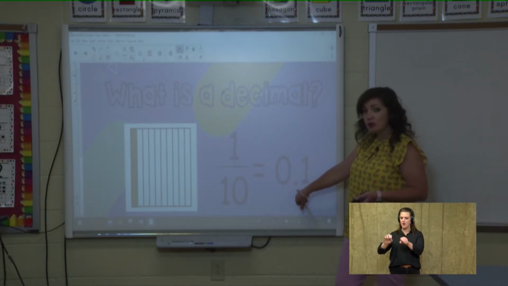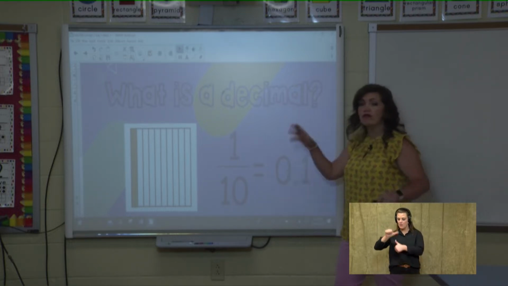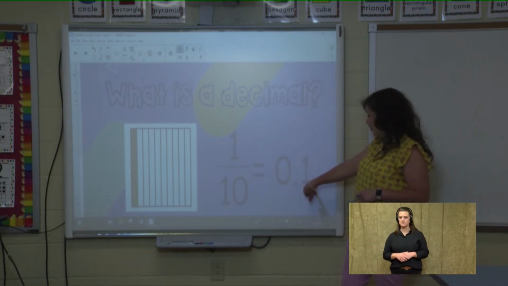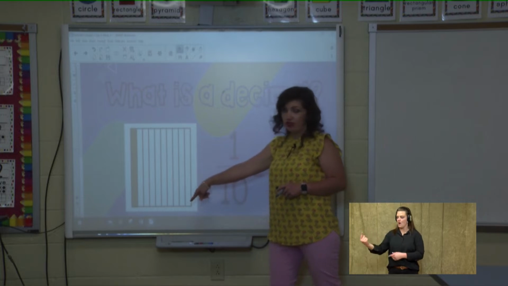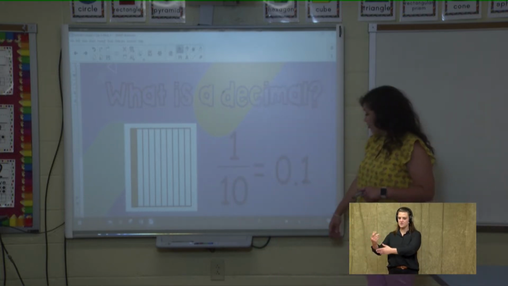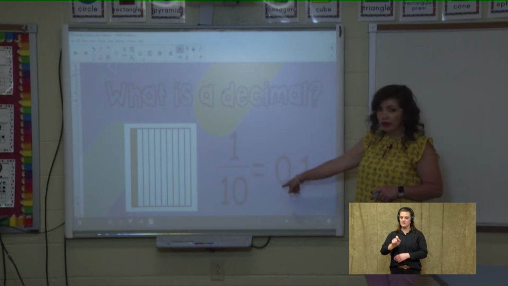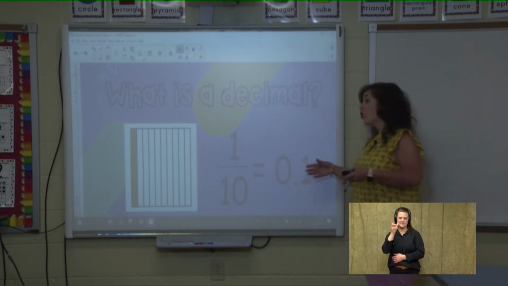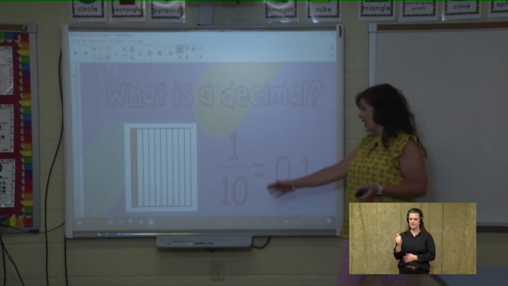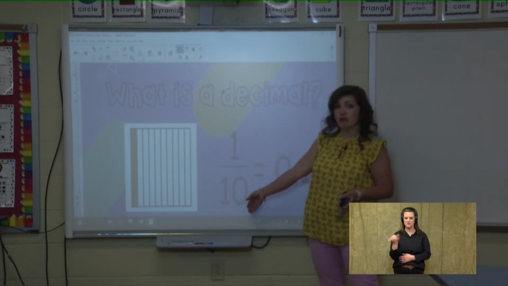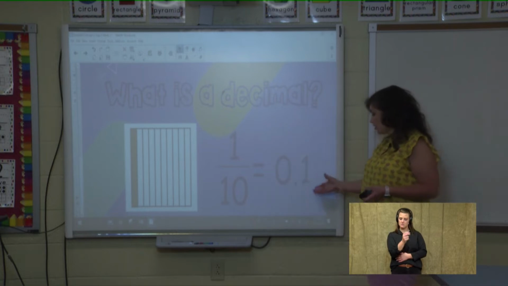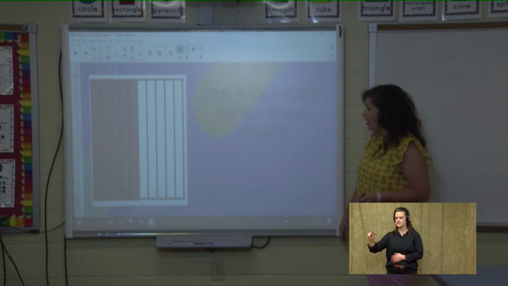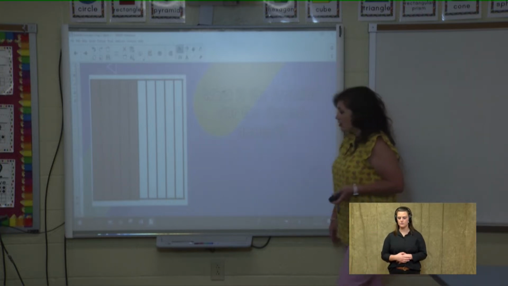Then we have that decimal point. Remember, that's what separates our wholes from our fractional parts. And then we know that we have 1/10 shaded. So our decimal notation would be 0.1. It looks like the decimal, but it sounds the same as how we would call out our fraction 1/10.